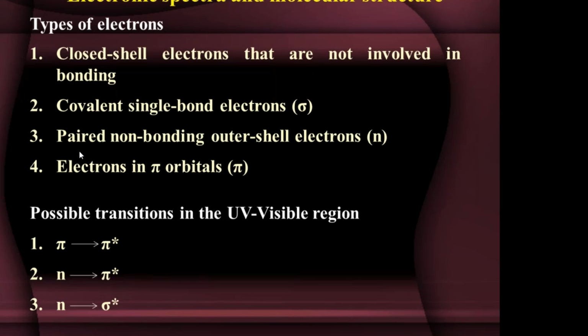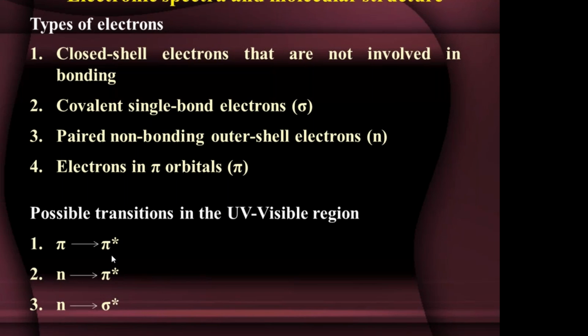Now, the last two, paired non-bonding outer shell electrons, that's the n electrons, and the pi electrons, can be excited. So the possible transitions in the UV visible region are pi to pi star, n to pi star, n to sigma star. I have put them in the order of the probability of these transitions occurring.